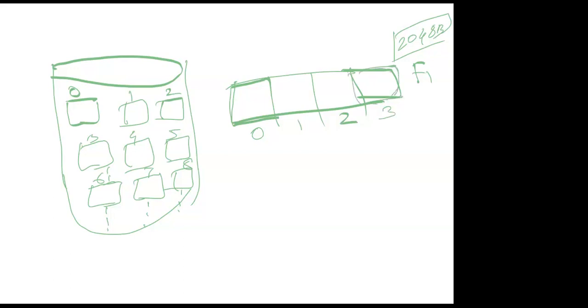Now when you write this file to the disk, let's say block 0 is in here, block 1 is in here, block 2 is in here, and block 3 is in here. So this is the block number for this file.